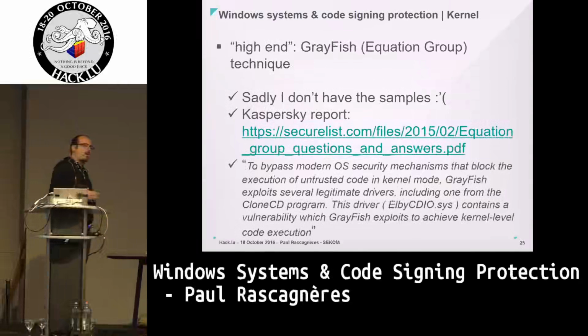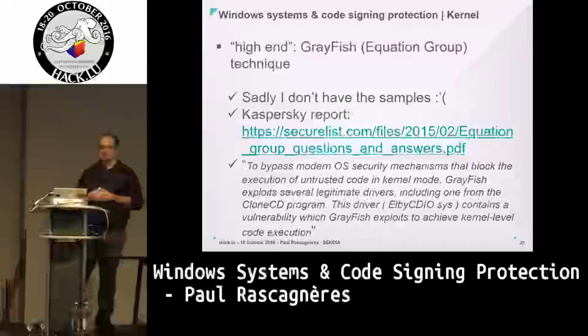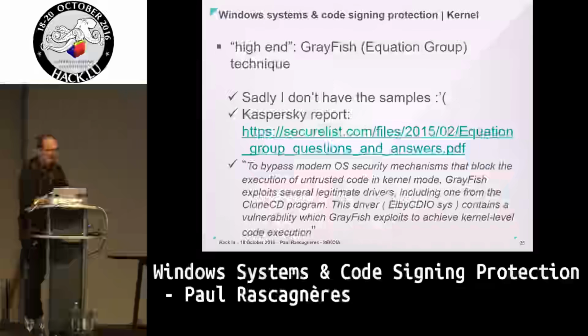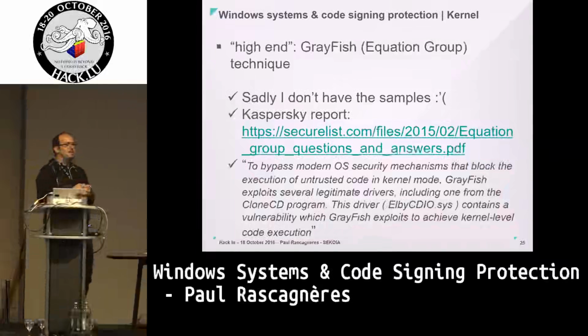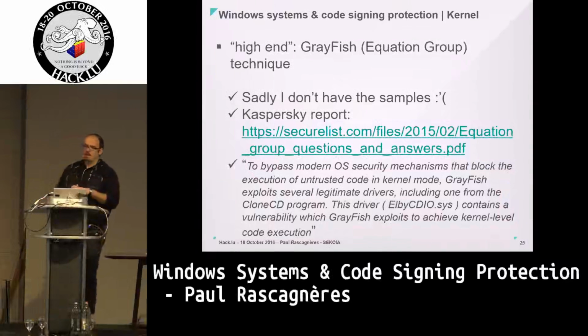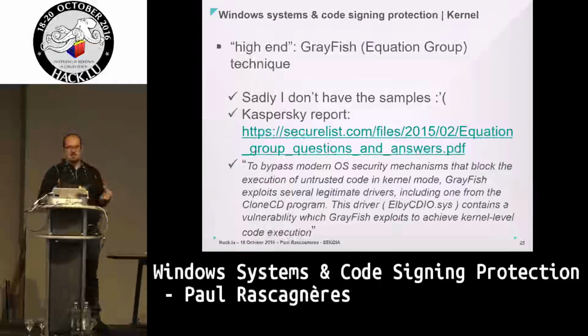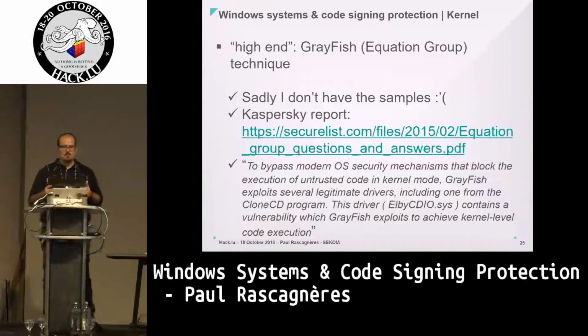Another case concerning rootkits on modern systems is Grayfish, theoretically developed by Equation Group people. But sadly, I don't have the samples. I only have the Kaspersky report mentioned here, and it says that to bypass modern OS security mechanisms, Grayfish exploits several legitimate drivers, including one from CloneCD, ElbyCDIO.sys, to achieve kernel-level code execution.